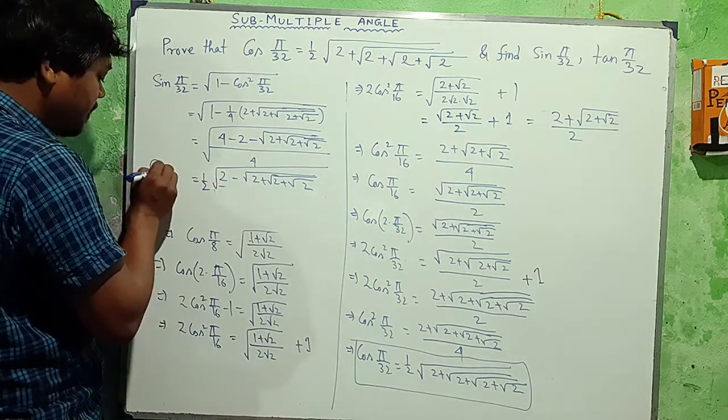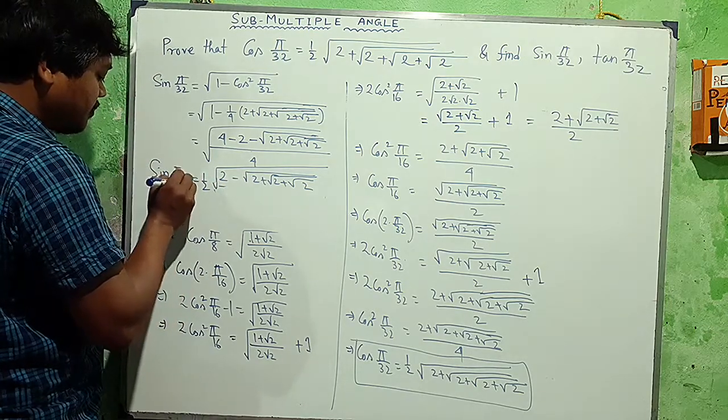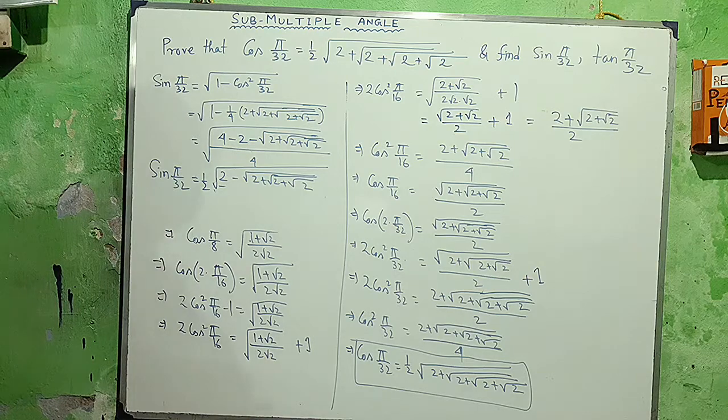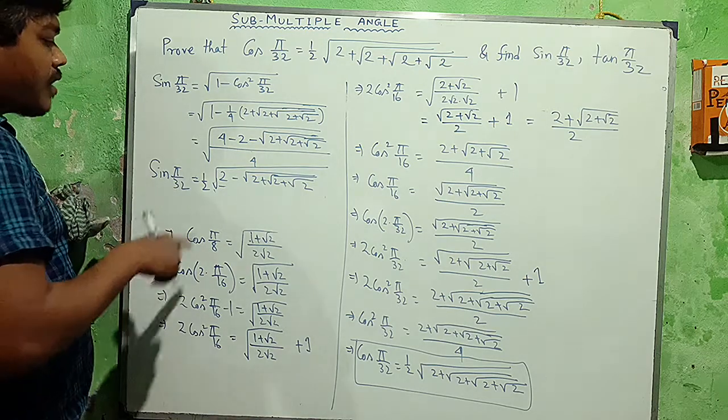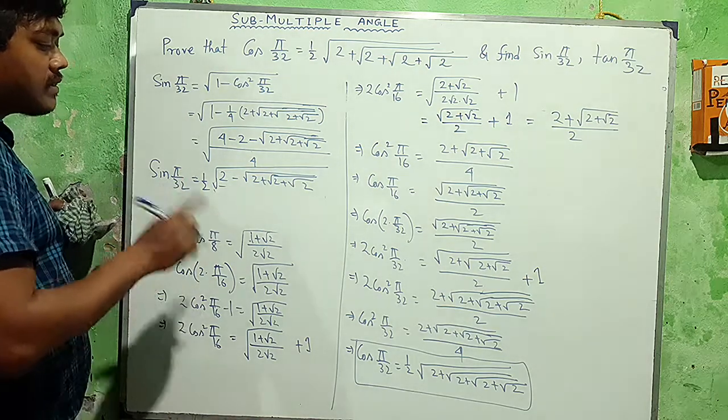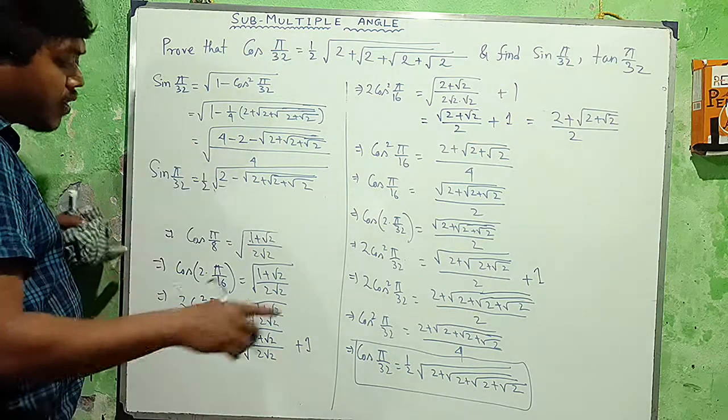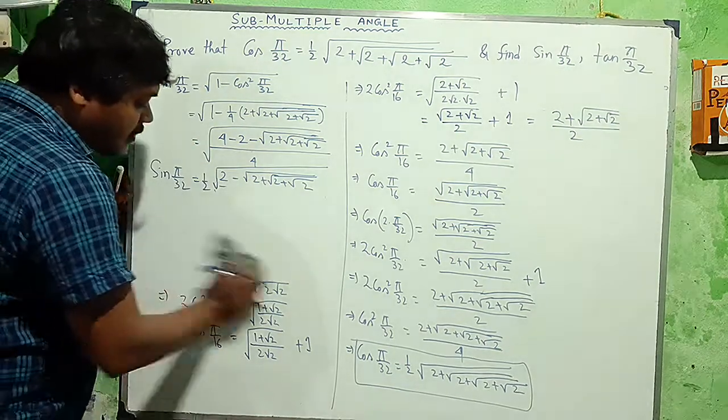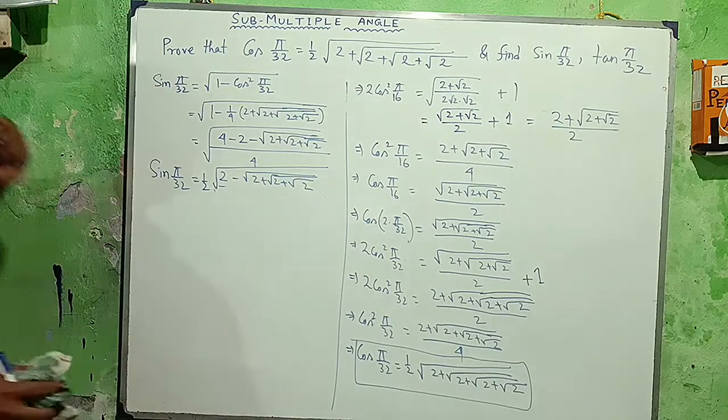That is sin pi by 32. Clear? So sin pi by 32 equals half square root of 2 minus square root of 2 plus 2 plus square root of 2. So this is the value of sin pi by 32.